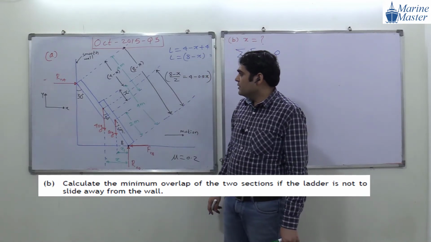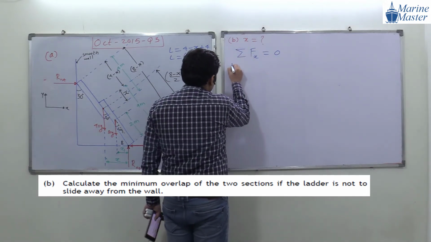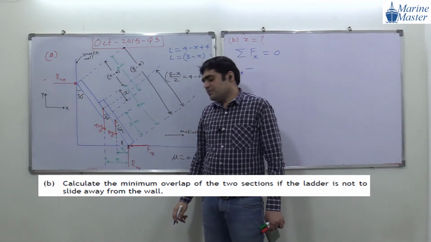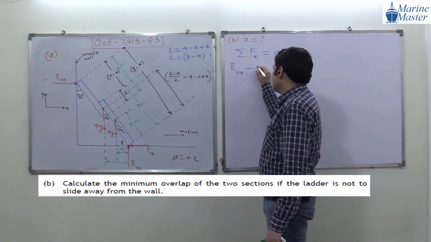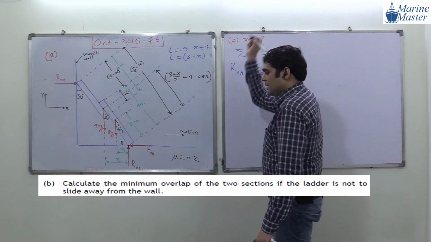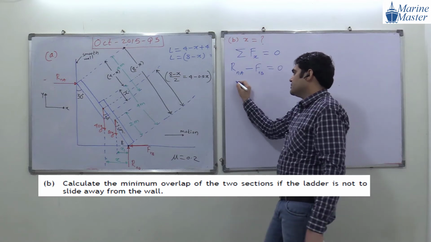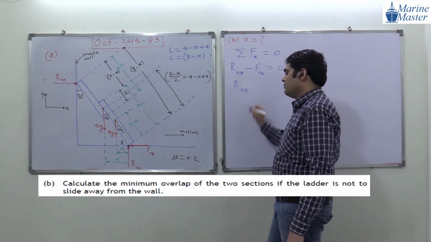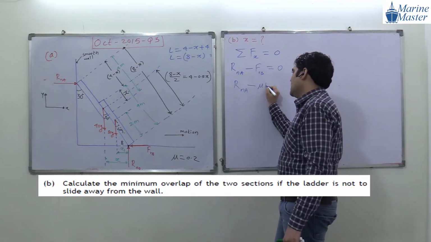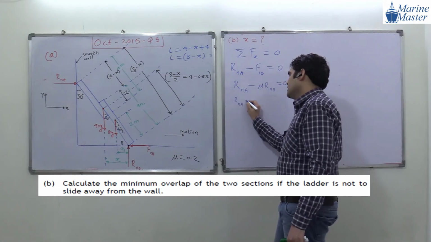First of all, RNA minus FRB is equal to 0. So RNA will be equal to FRB, which means mu RNB. So RNA will be equal to 0.2 RNB.